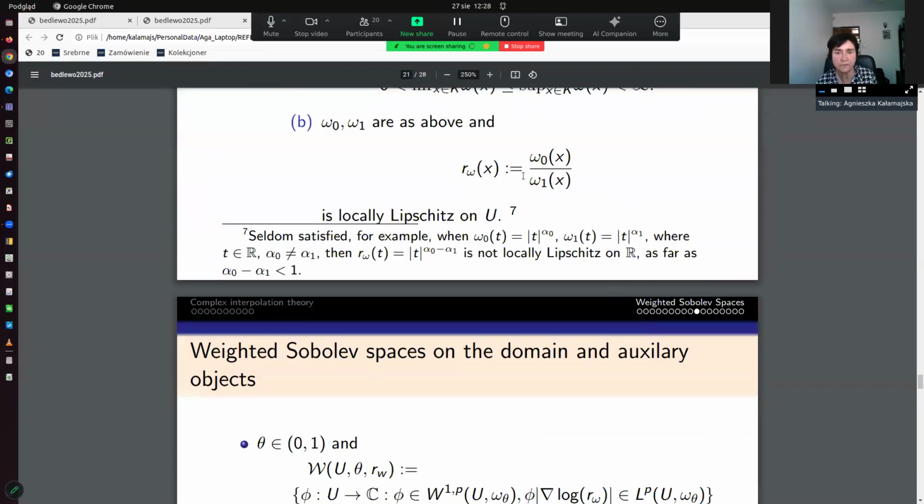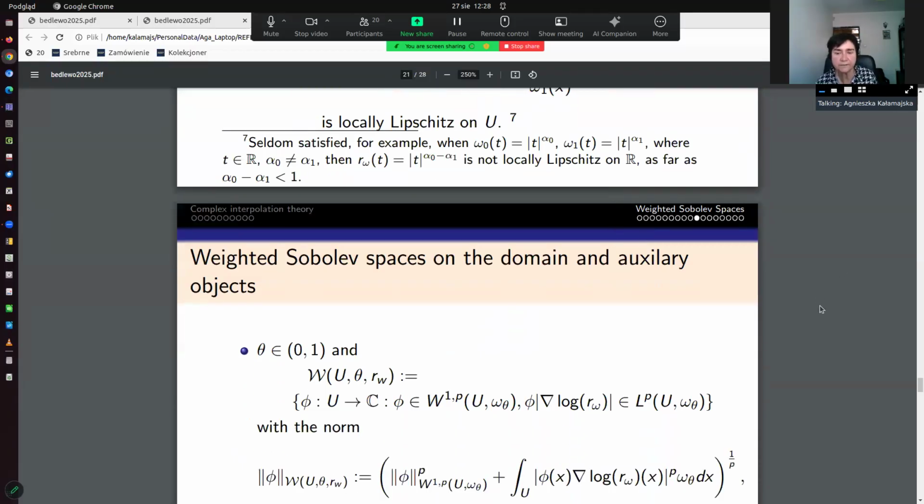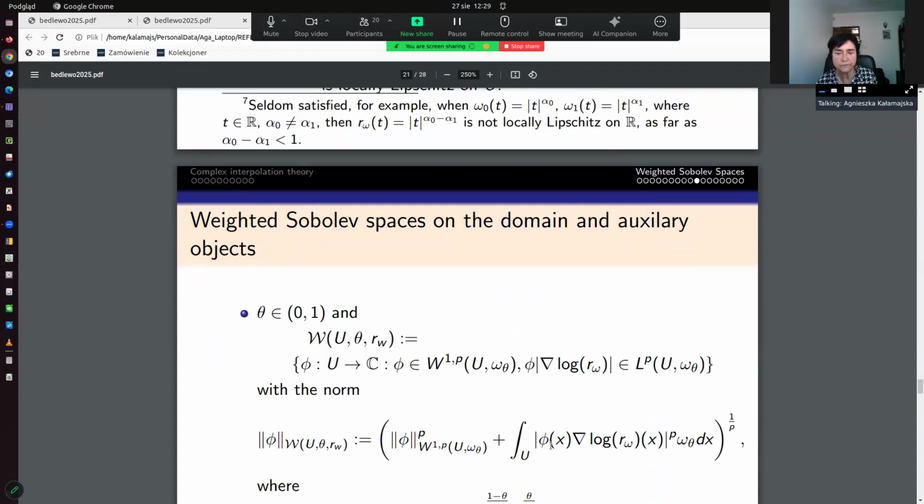So I take a certain manipulation of the weights. I get an additional weight function, multiply it here, and this must also be p-integrable. I add two things, so there is the gradient of phi involved in this norm. So I have a kind of two-weighted function.